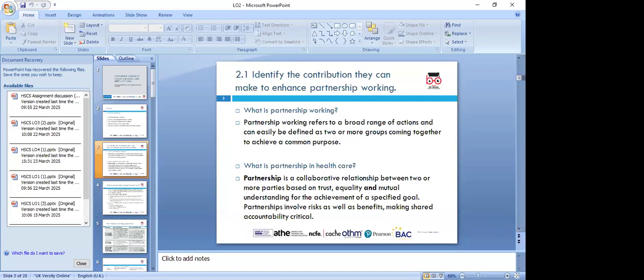All right, very, very important. And so it brings about some risks and benefits, but also accountability is part of partnership working. You might first of all account to each other as partners, but you may also have a superior that you need to report to as to whether you are achieving the purposes that you have been formed to do.